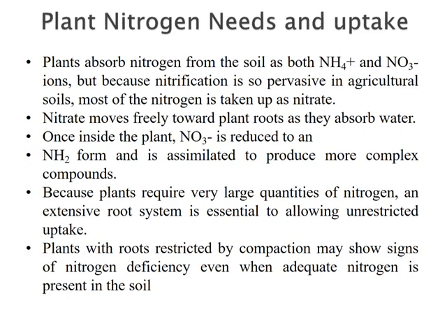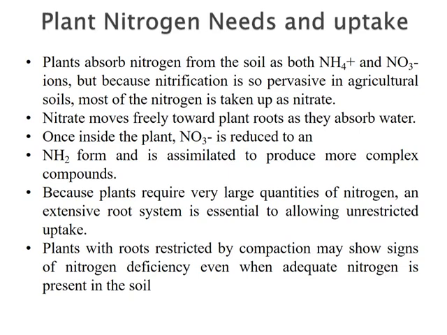Plant nitrogen needs and uptake. Plants absorb nitrogen from the soil as ammonium or nitrate ions, but because nitrification is so pervasive in agricultural soils, most of the nitrogen is taken up as nitrate. Nitrate moves freely toward plant roots as they absorb water.